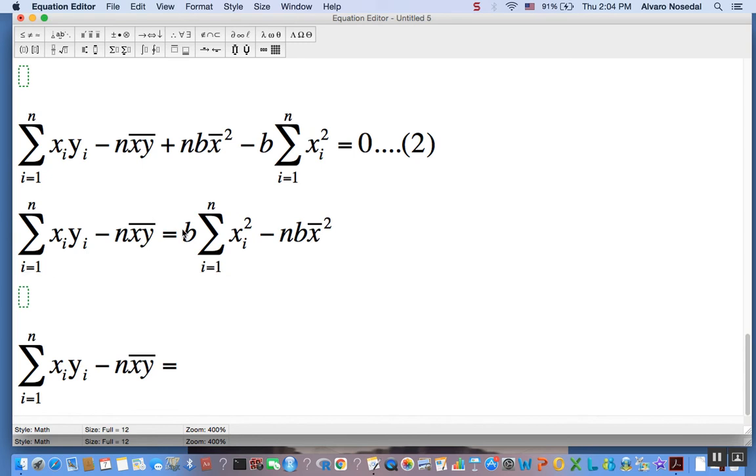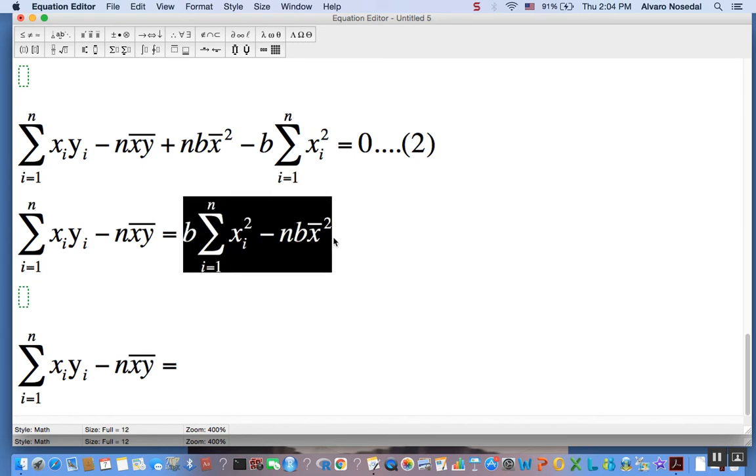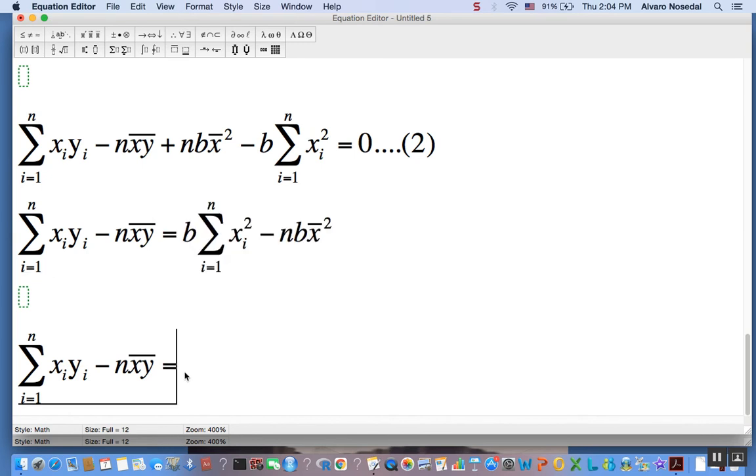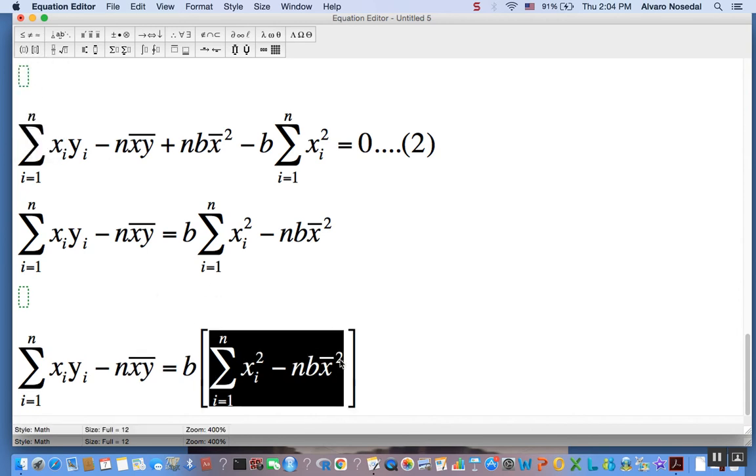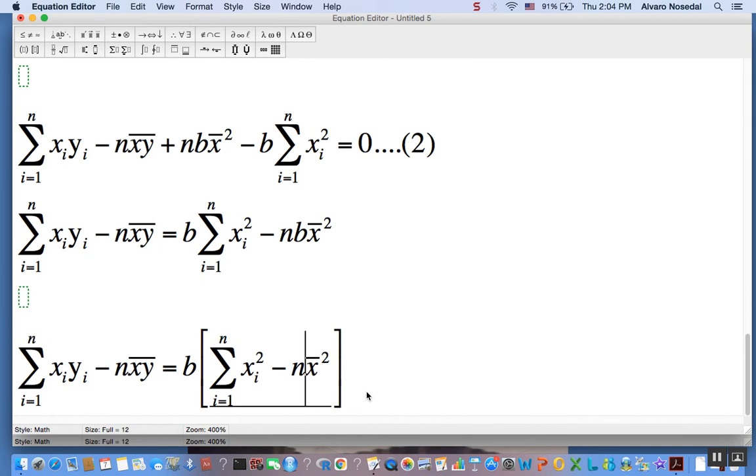So when we do that, that's what we're going to be doing next. Here what we have is this. Makes sense? b times summation of xi squared, b times this, right? b times negative n x bar squared is equivalent to this. So we're good, right?